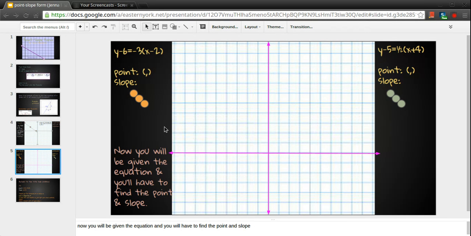So find the point and the slope from the equations here at the top.